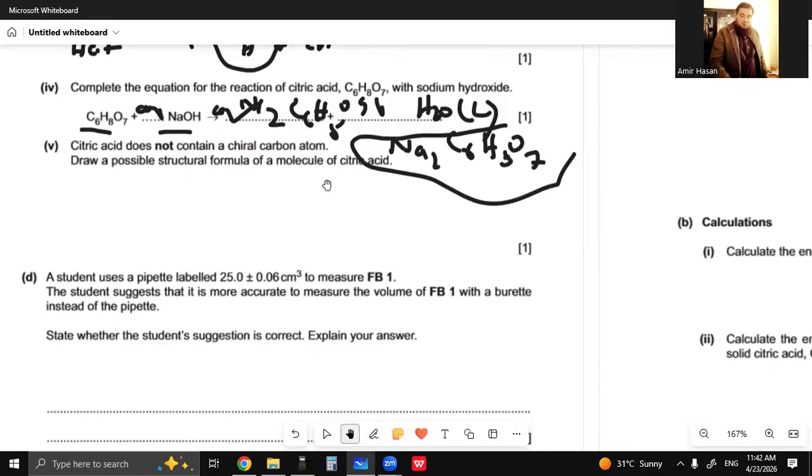You may not know that a chiral molecule has a central atom. Now, what is a chiral molecule in citric acid? Now I am telling you how the chiral structure is formed in citric acid.